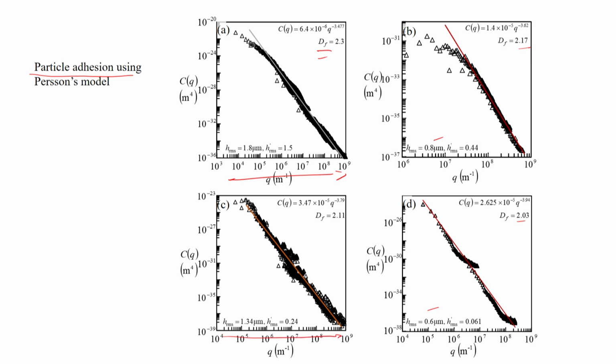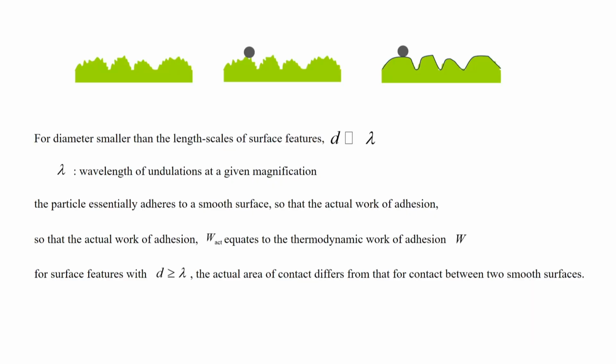Now, for a particle, however, the situation is different. When a particle comes in contact, the large scale features do not count, because they do not affect particle adhesion. The particle sees large wavelength features as a smooth surface.